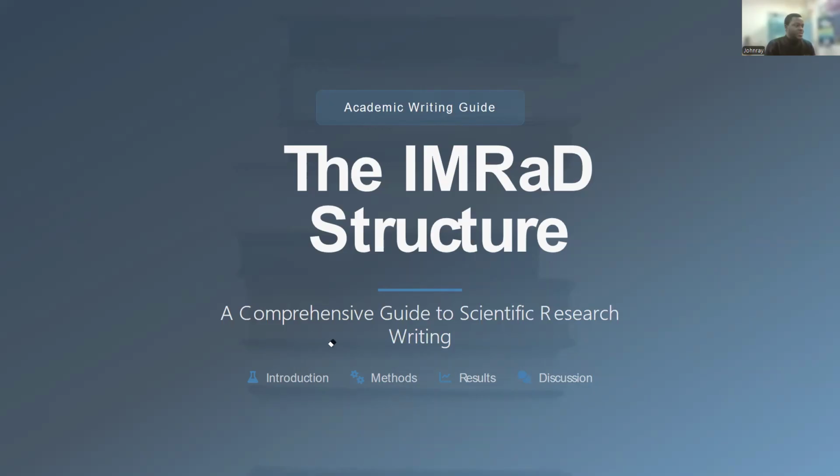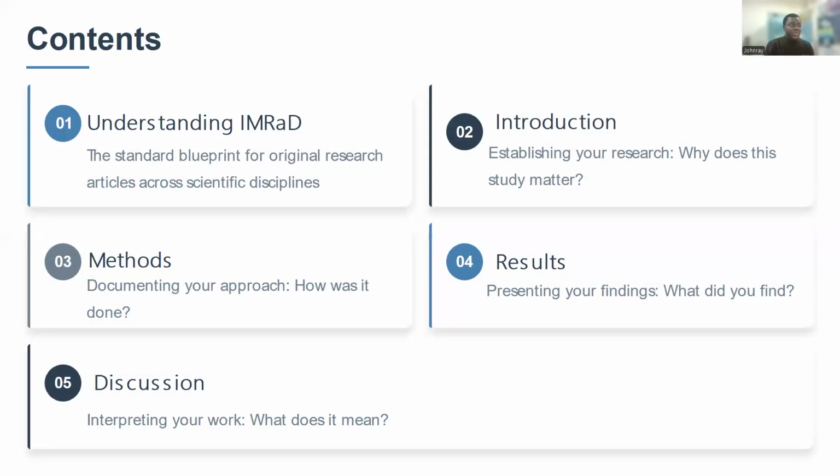Yes, so we'll be moving straight into it. But I don't know if some of you have been able to look at them, because I shared with you last week that this is the structure we must follow in academic writing. So first we'll understand what IMRaD is. Then we'll look at each section, starting with the introduction.